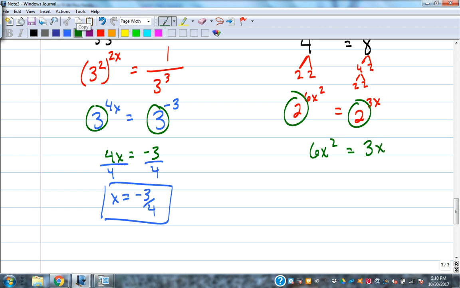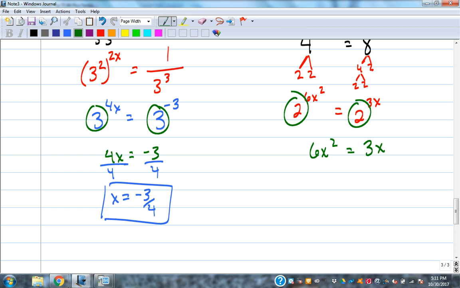It's got an x squared in it. Can I take the square root? Nope, because it's got a plain x in it too. If it was just a number over there, yeah, square root's probably the way. But it's got the plain x over here too. So I can't divide by x because x might be 0.